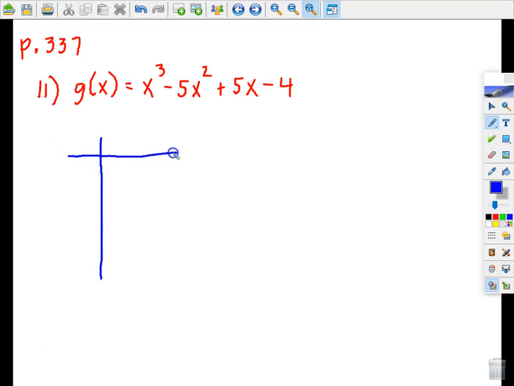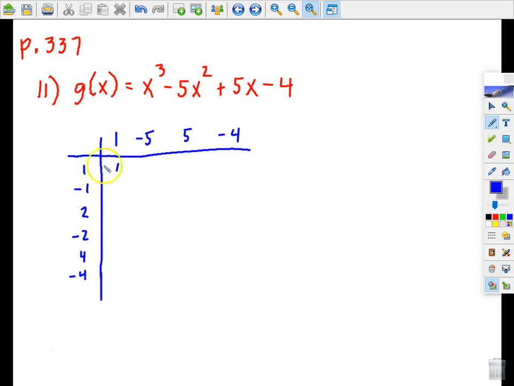The possible rational roots will be the factors of negative 4. That's 1 and negative 1, 2, negative 2, 4, and negative 4. And then across the top, we'll do 1, negative 5, positive 5, and negative 4. Okay, well, let's go through our process.